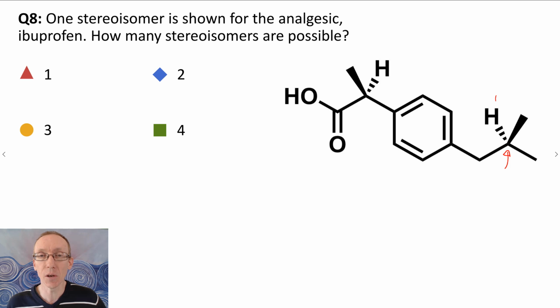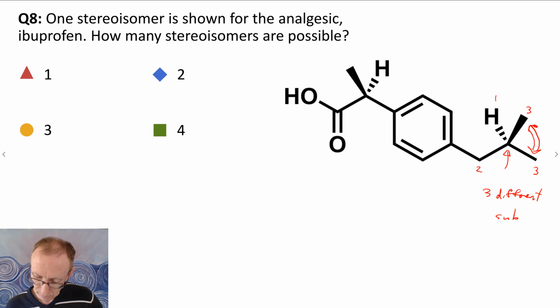I'm not numbering these in terms of priority, I'm just numbering how many different substituents there are. Here we've got a chain that goes to an aromatic ring. Here we've got a methyl group, but then that's the same as a methyl group here. So there's only 3 different substituents around that carbon atom there. Okay, so it's not a chiral center.